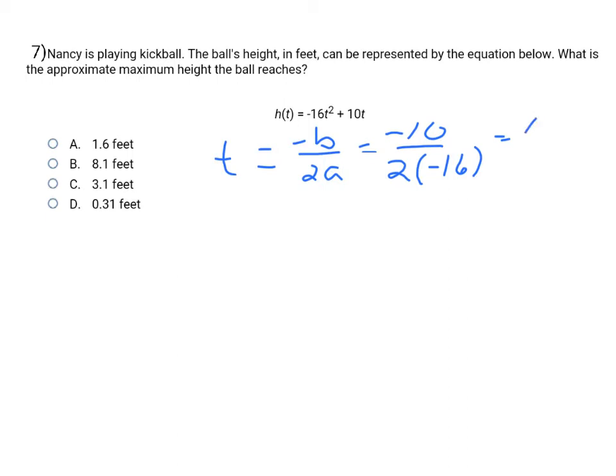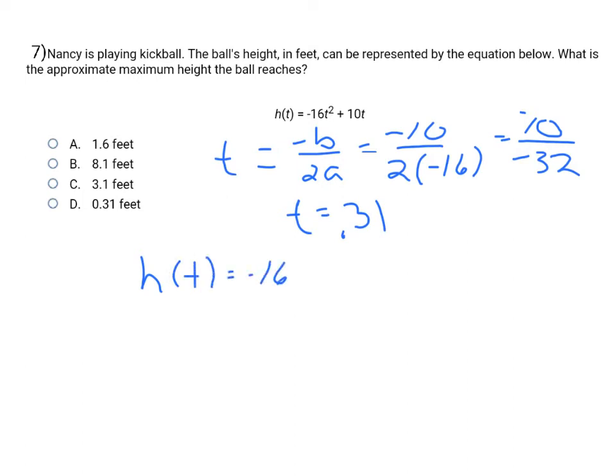And so I'm going to have negative 10 over negative 32. And so when I actually do that division, the time it takes to get to the maximum is 0.31.